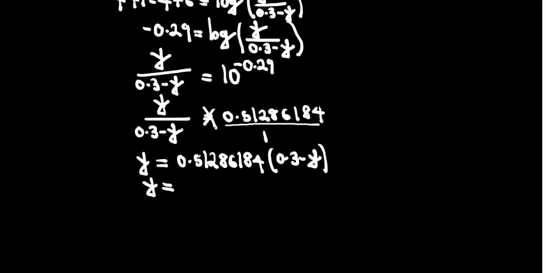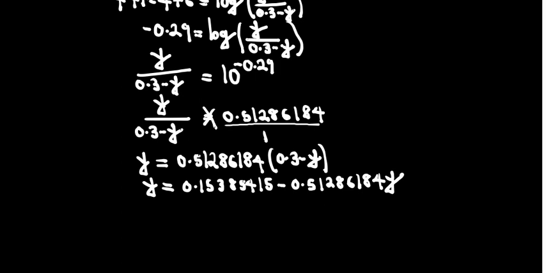So when you multiply this by 0.3, we are going to have a value of 0.15385454115. Then that value just minus 0.51286184y. So this y here and the other y there, those are like terms.